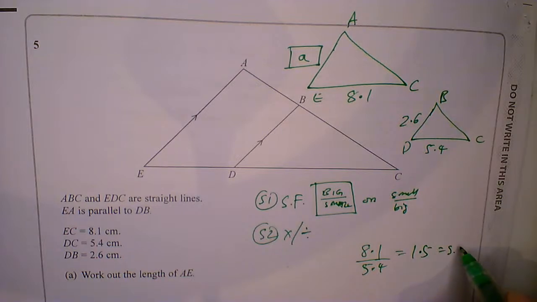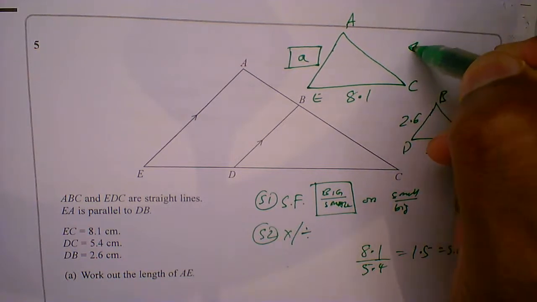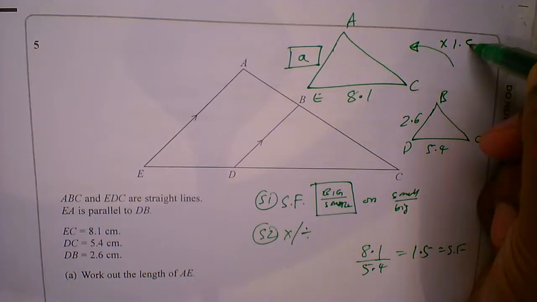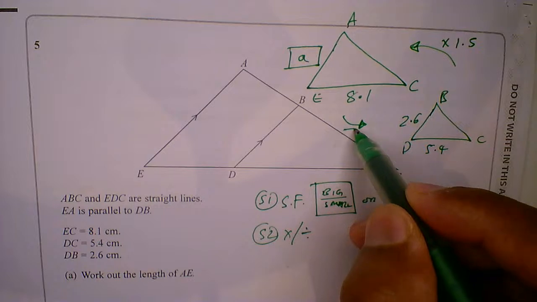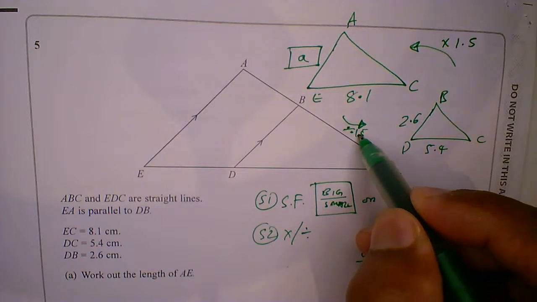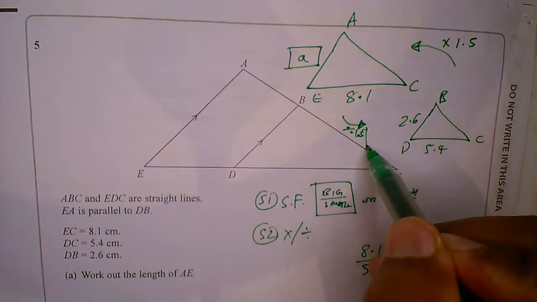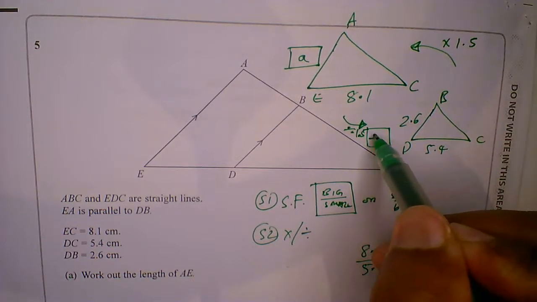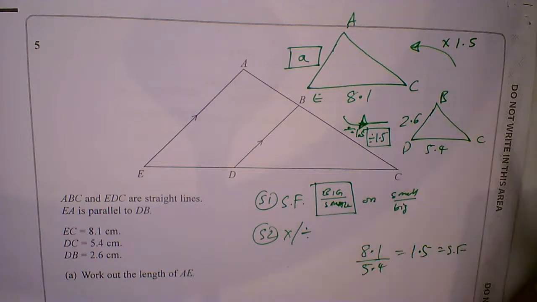Now think about it. If I'm going from the small one to the big one, I'm going to be multiplying by 1.5. If I'm going from the big one to the small one, I'll be dividing by 1.5. That is the key thing here. Very important.